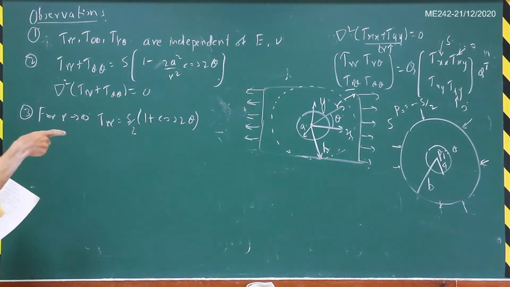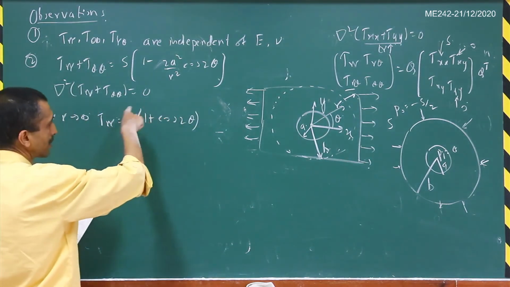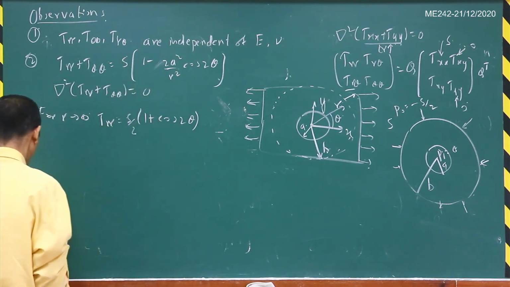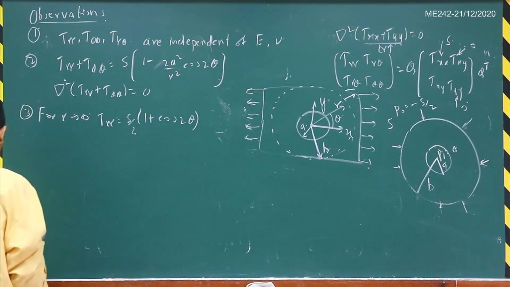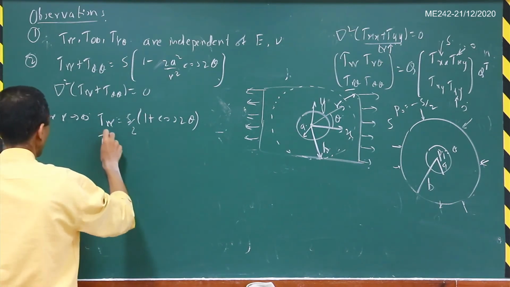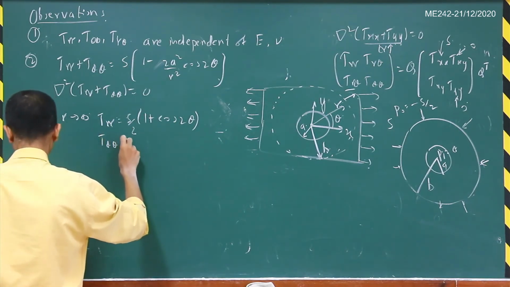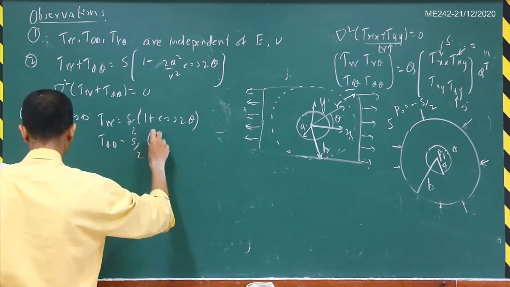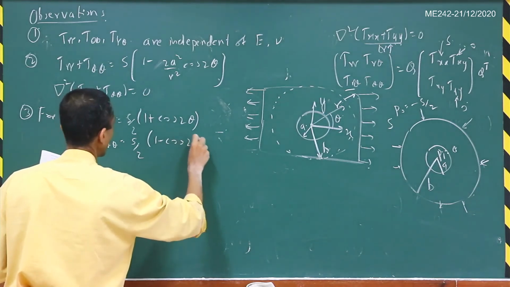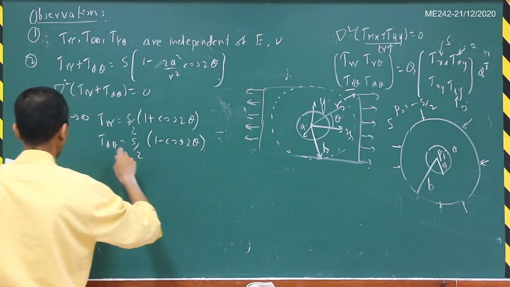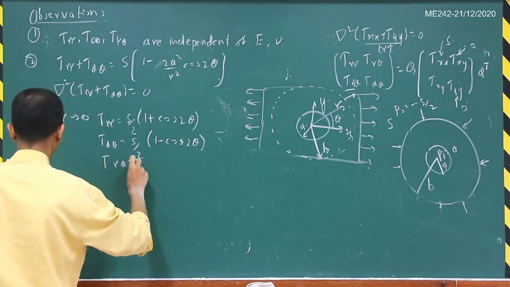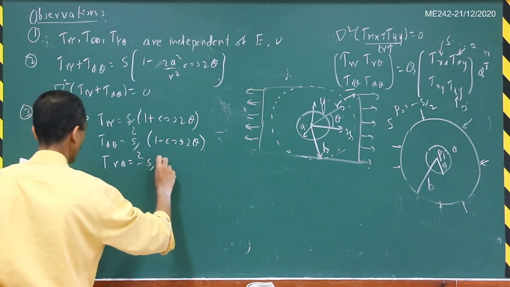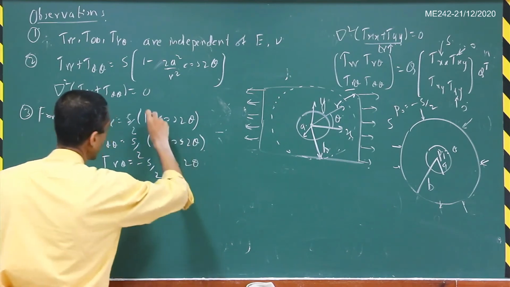We had already imposed this particular condition. So we are just verifying that our solution indeed gives us this particular condition here. And tau theta theta is equal to S by 2 times 1 minus cos 2 theta, and tau r theta is equal to minus S by 2 times sine 2 theta. So these are the conditions in the far field.